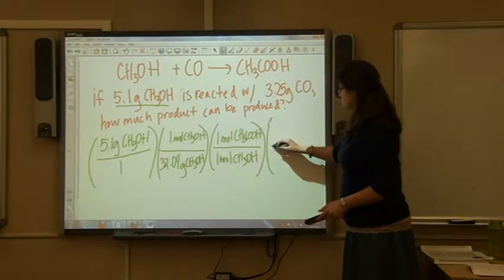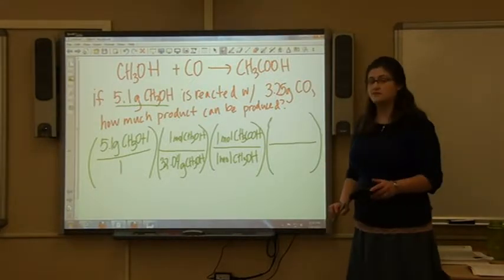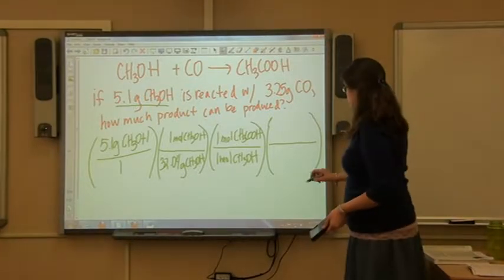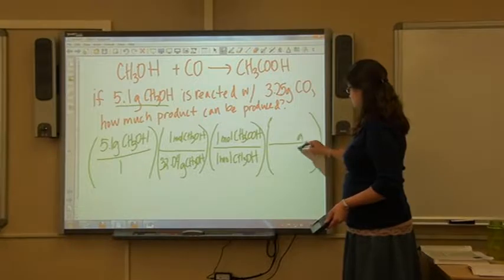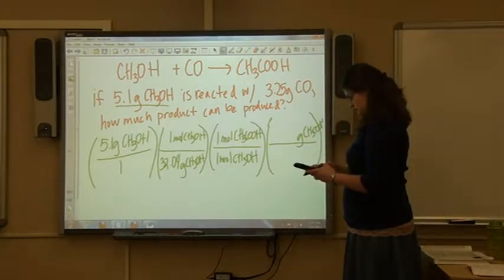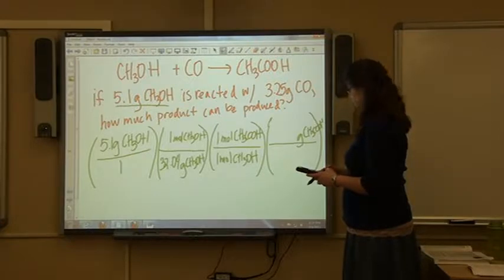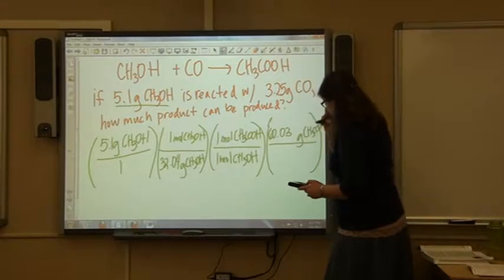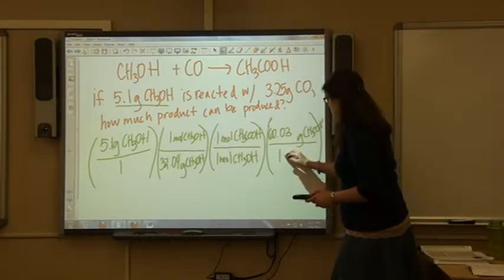Now, whenever a question asks for amount, it almost invariably means that it wants amount in terms of grams. So we're going to need to calculate the molecular weight of acetic acid, and that is 60.03 per 1 mole.